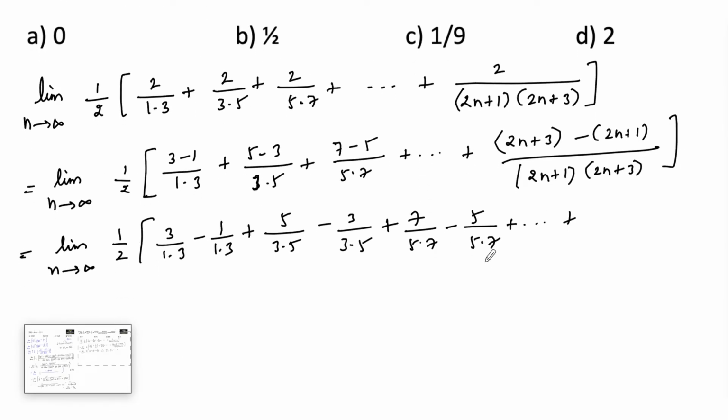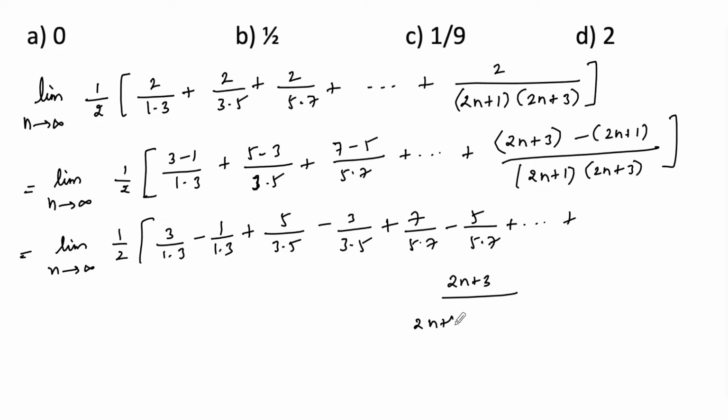We can write the last term as (2n plus 3) upon (2n plus 1) into (2n plus 3), and again minus (2n plus 1) upon (2n plus 1) into (2n plus 3).